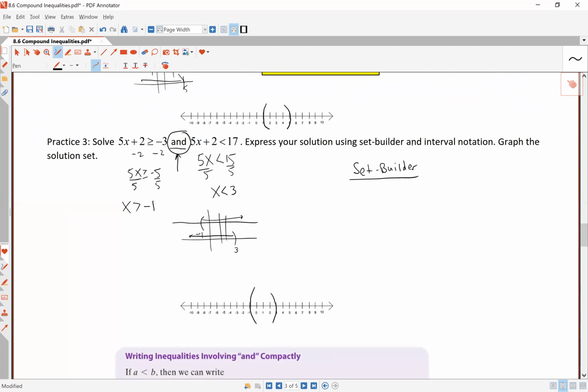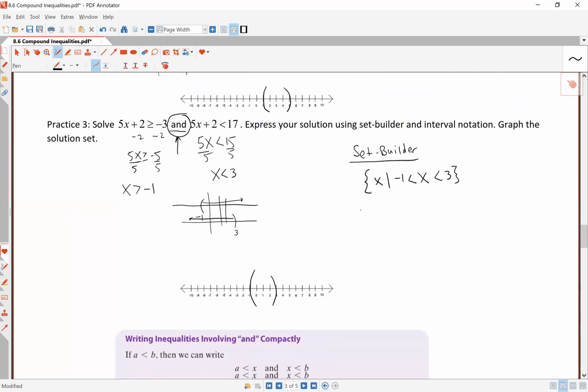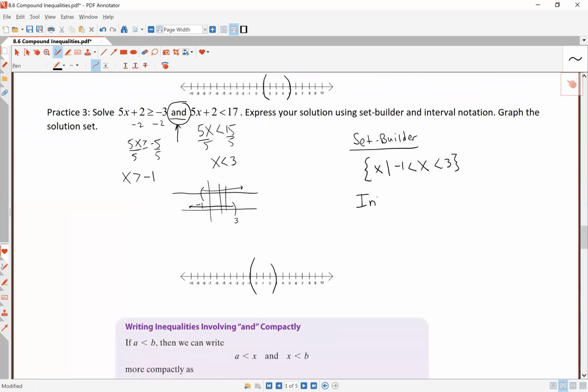So in set builder notation, we have the set of x such that x is greater than negative 1 and less than 3. In interval notation, we have the set from -1 to +3.